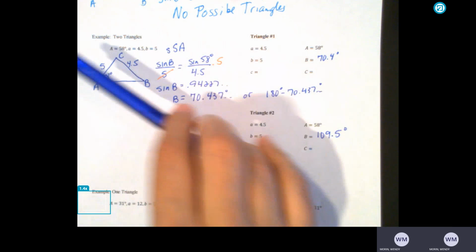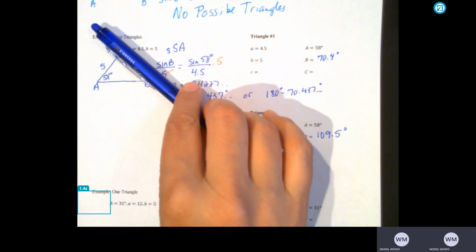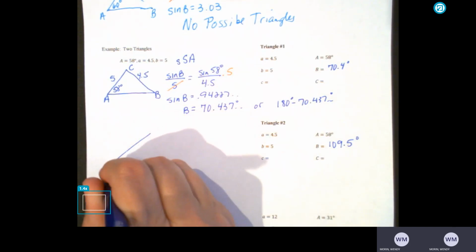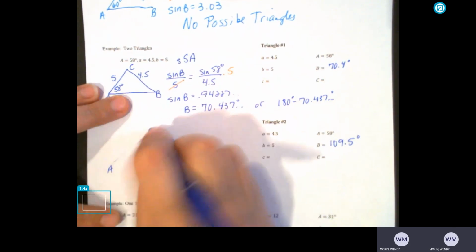What happens is this 4.5 here, I could swing it in.